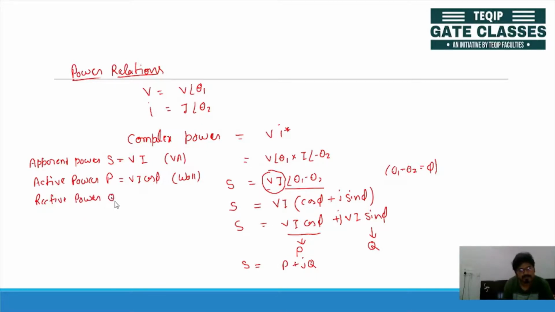Reactive power Q is equal to V I sin phi, and the unit is VAR, reactive volt ampere. Like this we can define our powers.